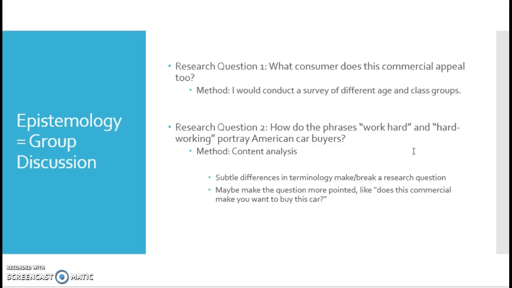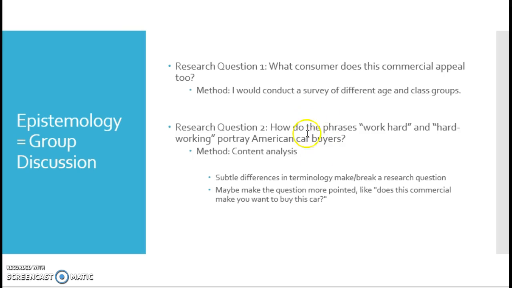We're asking how the content, the terminology within the commercial, shapes a certain view of this American car buyer. And in that way, I think the method choice of content analysis fits really well, right? How is this idea of hard work used to construct a certain image of this particular car buyer, car owner?